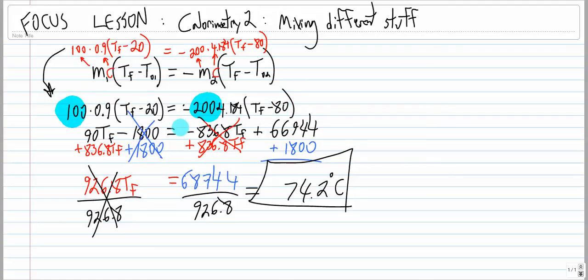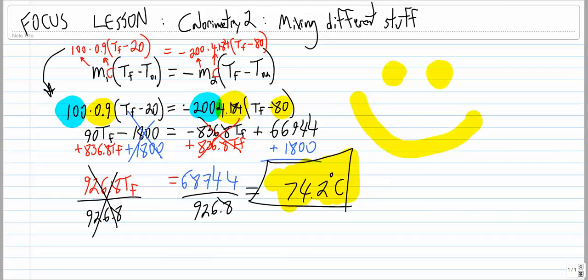And number two, the specific heat for water is like 4.5 times bigger than the specific heat for aluminum. So that would also make the number probably be closer to the 80. So this answer right here, I'm thinking, is a good answer.